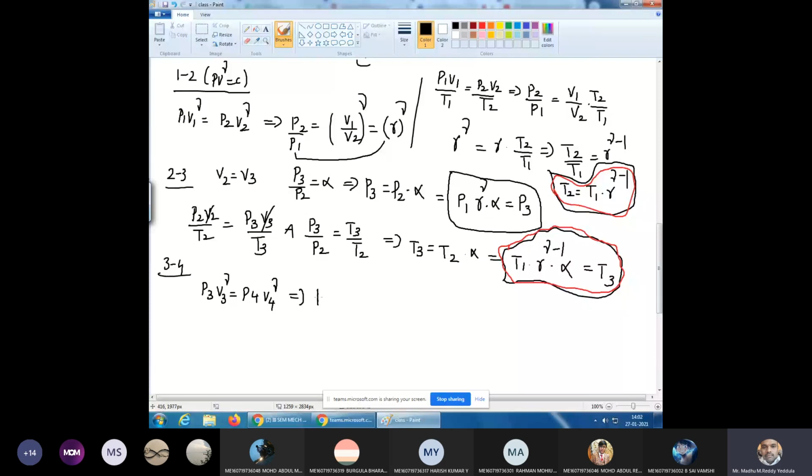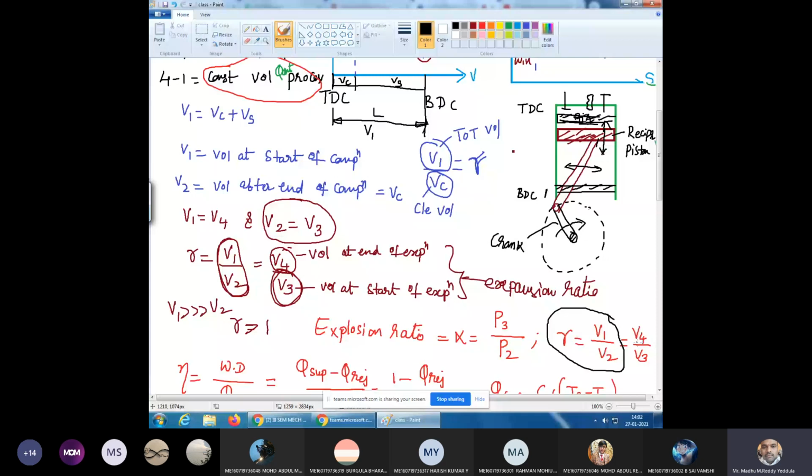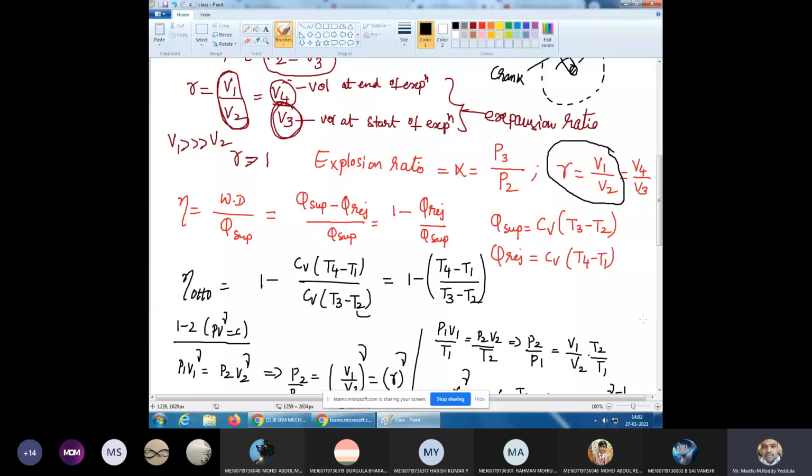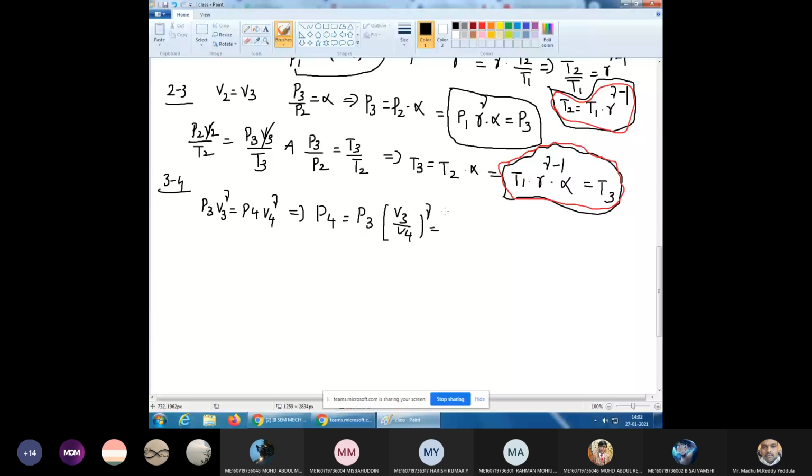From this I write directly P4 is equal to P3 into V3 by V4 whole power gamma. As we know, V3 by V4 is nothing but 1 by r, which is the reciprocal.